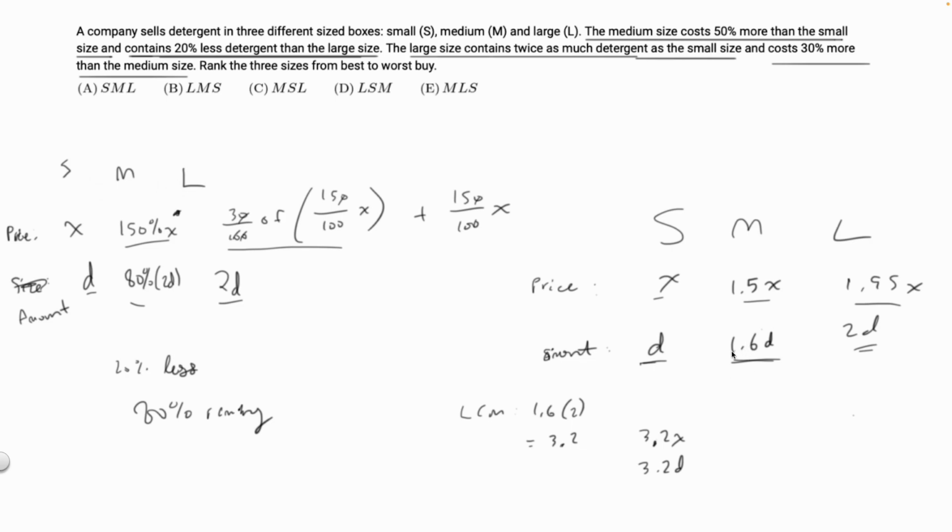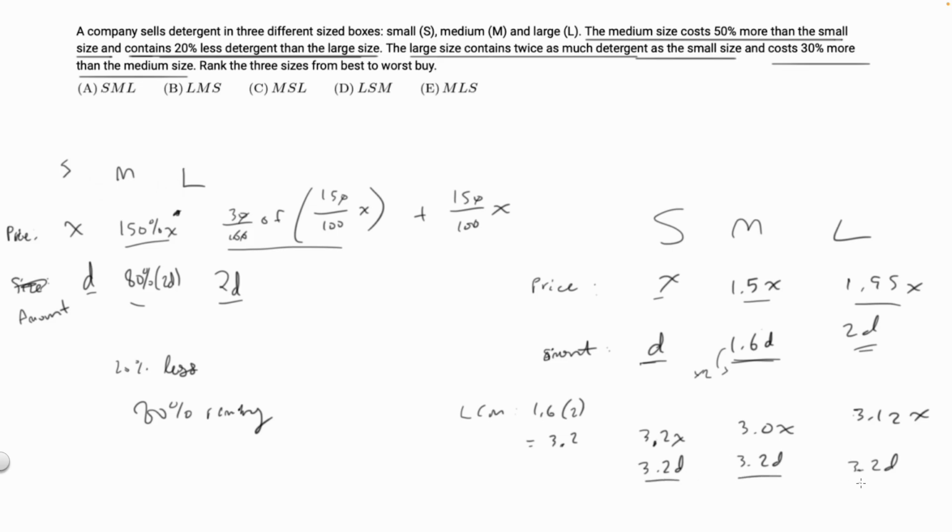The large size is scaled up by 1.6, so 1.6 times 2D is 3.2D, and 1.6 times 1.95X is 3.12X.